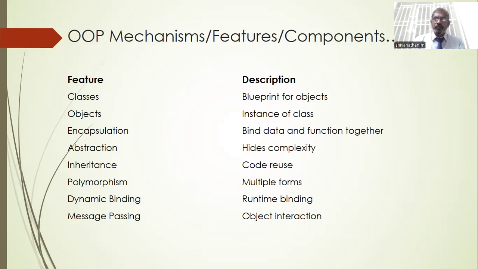Yes, you can have the same function. But how does the compiler differentiate these two? Because the ambiguity comes. The second function can have the same name, calculate interest or whatever, but now the second function can have a return type. The first function may not have a return type.